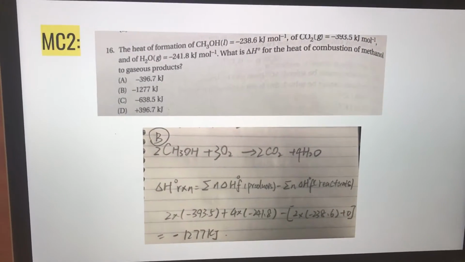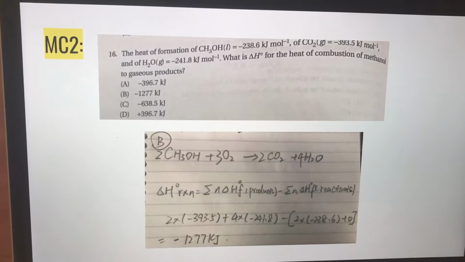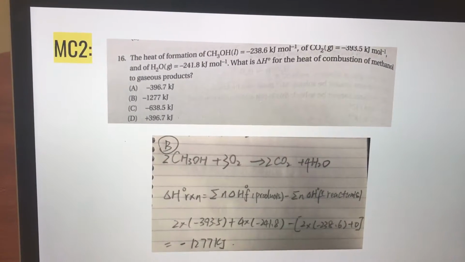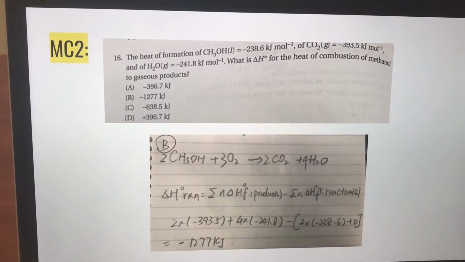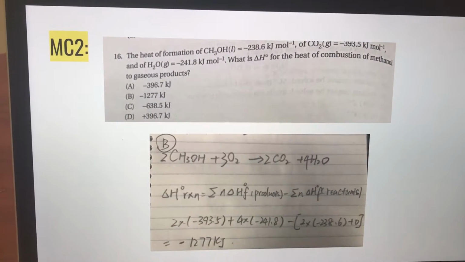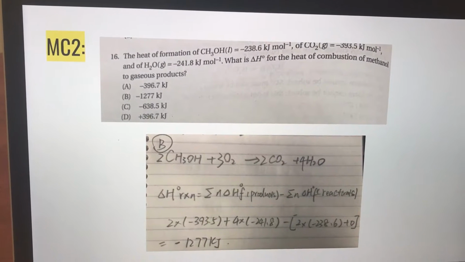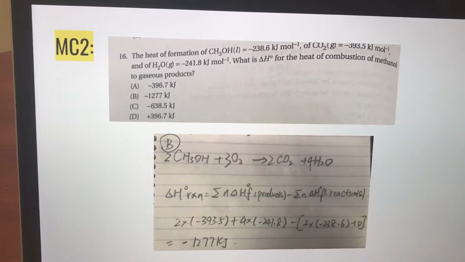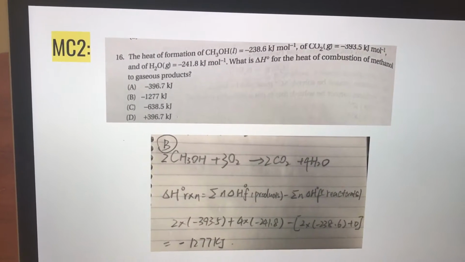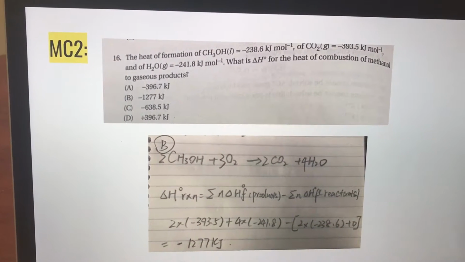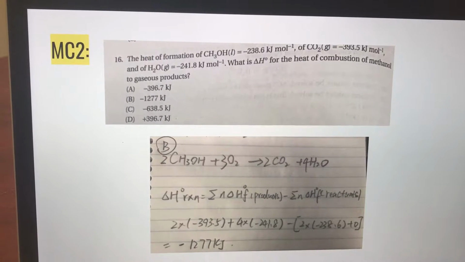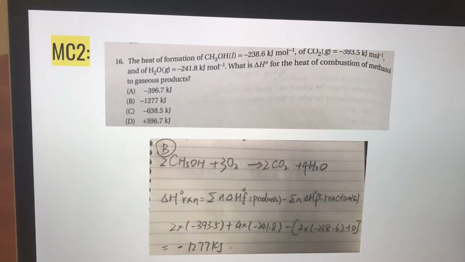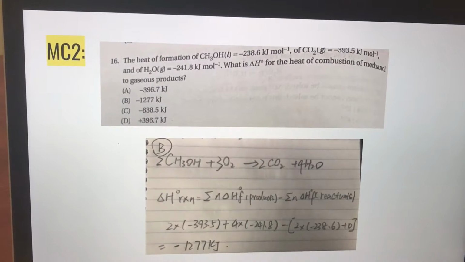Delta H reaction equals the overall heat of formation of products minus the heat of formation of reactants, which we just punch numbers in, and we add them together and subtract, and then we got negative 1277 kilojoule. Then we will select the answer B.